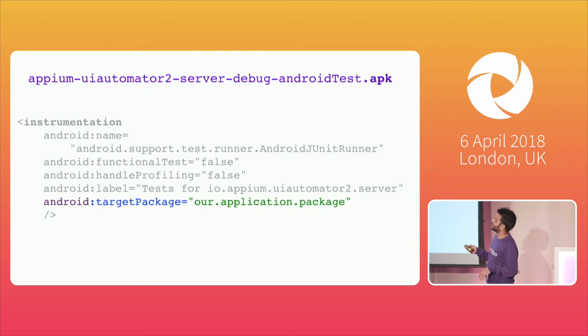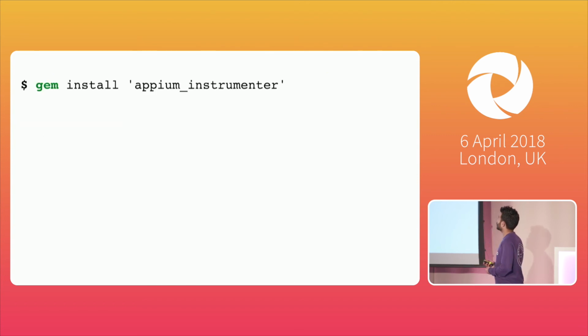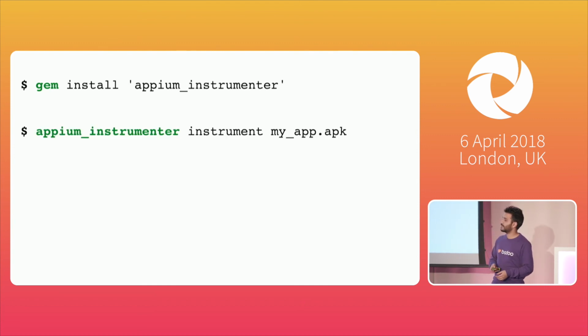There are multiple ways to do this, but the simplest way is, I created a Ruby gem to do it, which is called APM Instrumental. Because I work in Ruby, but it's possible to do in any other language. And I think APM Espresso driver, which is coming in, has similar code in it.